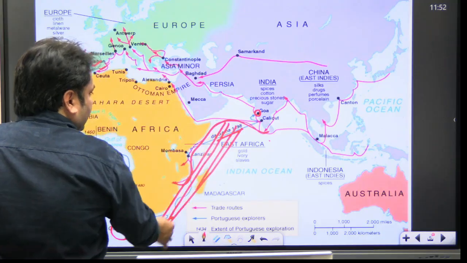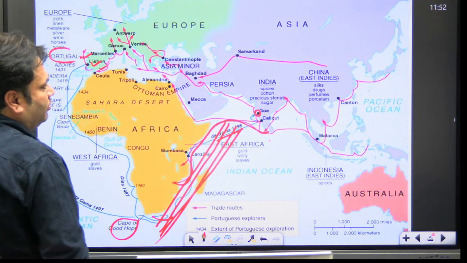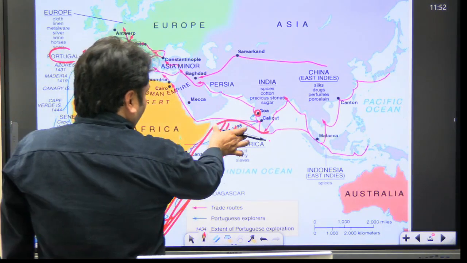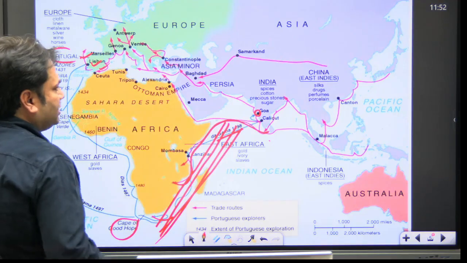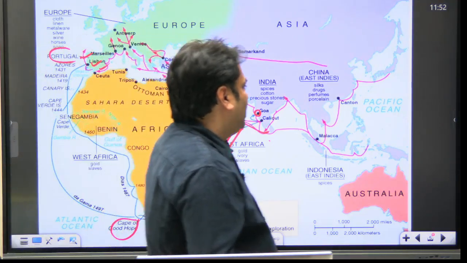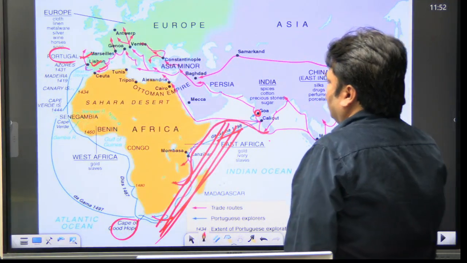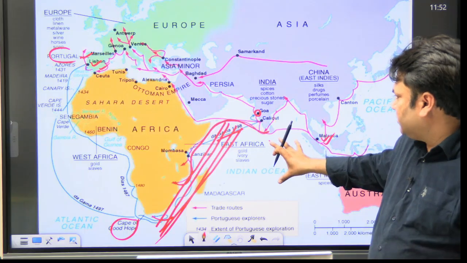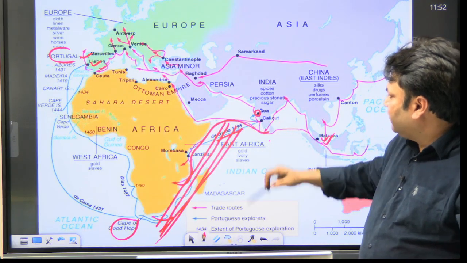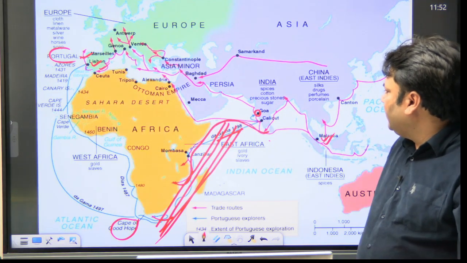This is also a kind of choke point for the Portuguese. Blue water policy, Cartaz system. Not only this, I have also discussed that Malacca and Hormuz were also important choke points and they were under the control of the Portuguese. So this is Calicut, where Vasco da Gama reached in 1498.